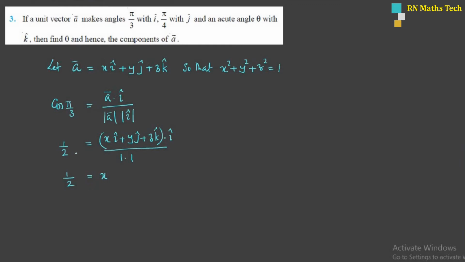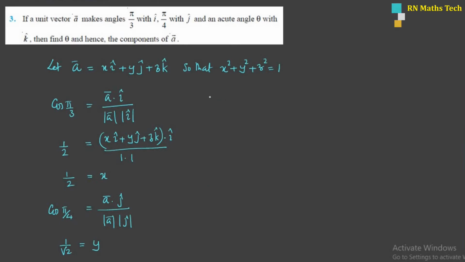Now cos pi by 4 equal to A bar dot j cap divided by mod A bar mod j cap, that is 1 by root 2 is equal to y.